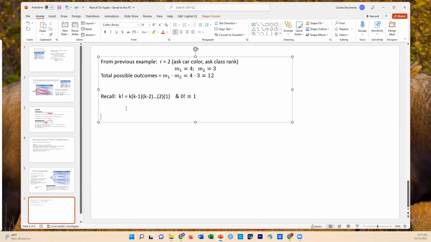We're now going to be talking about permutations. Let's start out by just stating what this is, and I think it becomes pretty clear as we work through it. Given M objects, you choose R of them without replacement.